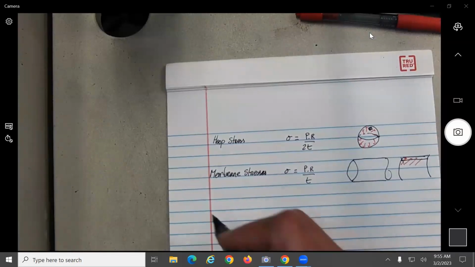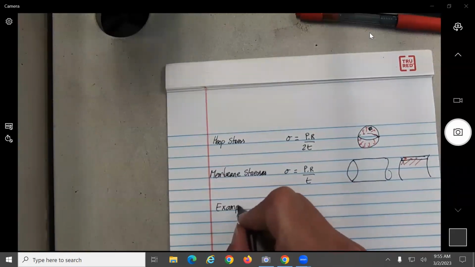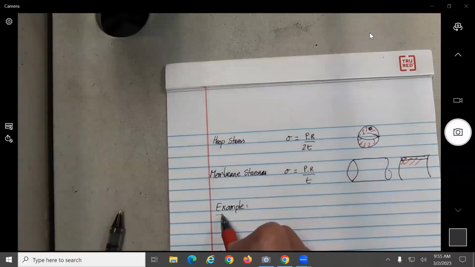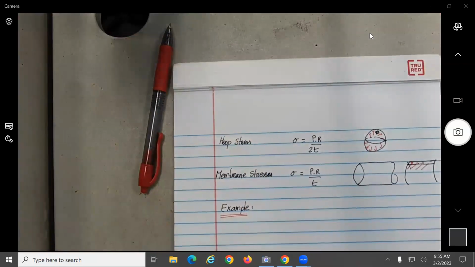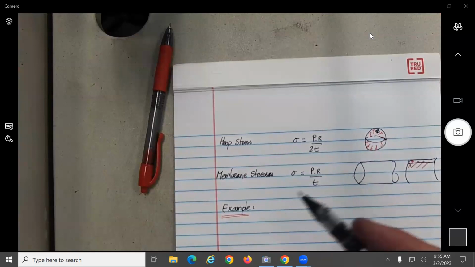Okay, so over here we're going to do one or two examples. We'll see. Okay, so here we're going to build, if you want, a spherical gas tank.